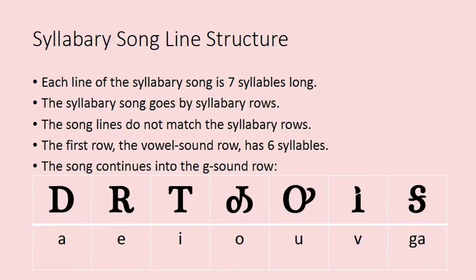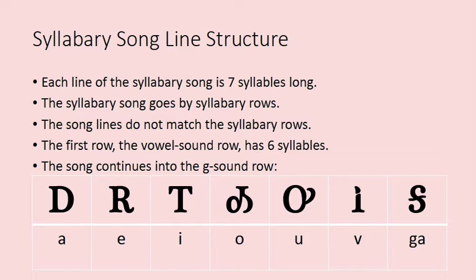The syllabary song line structure is a little bit different from the syllabary layout structure. So that first line, the ah line, a, e, o, u, has 6 syllables, but the song is 7 syllables long.